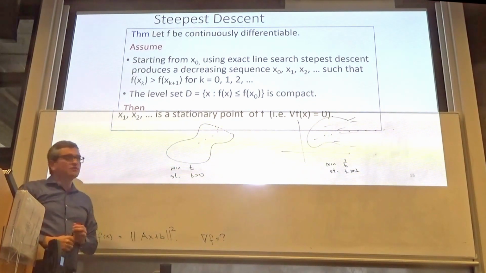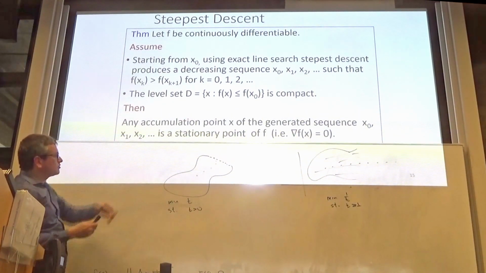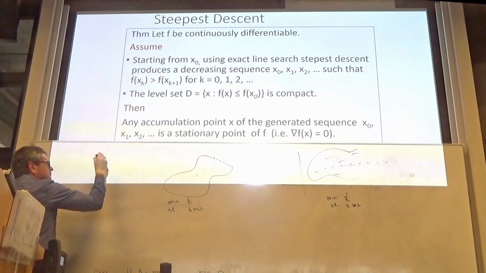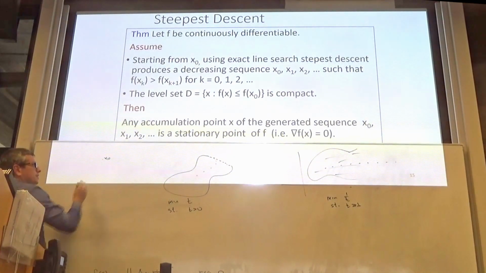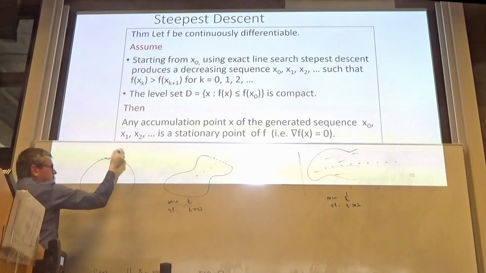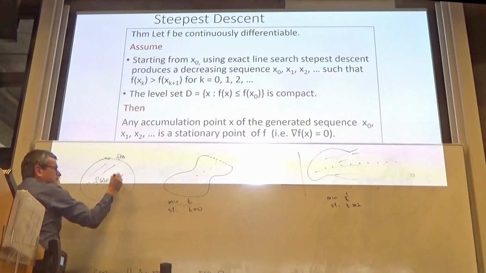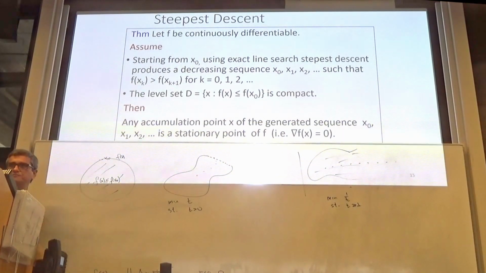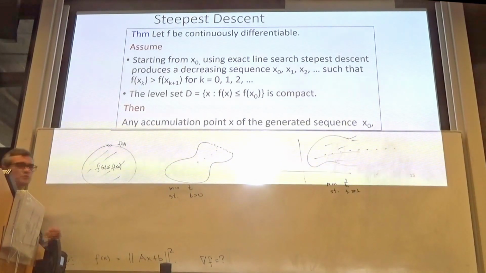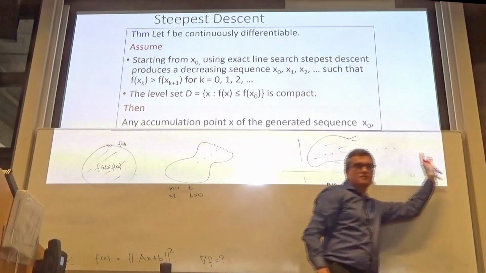So this compactness assumption is saying: you take your first point, x0, and now you take the sub-level set, that is all the points inside with f less than or equal to f of x0, and it happens to be compact. The two things that you want to avoid are the boundary issue and the unboundedness issue.